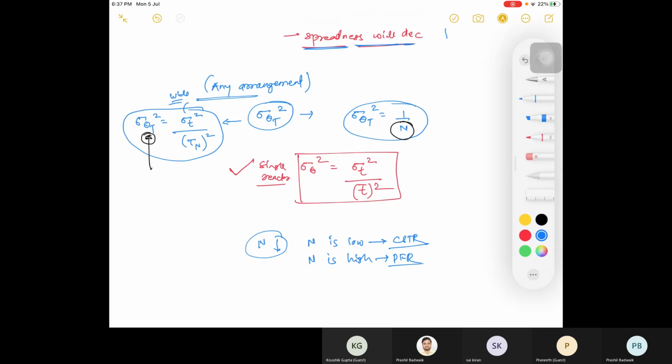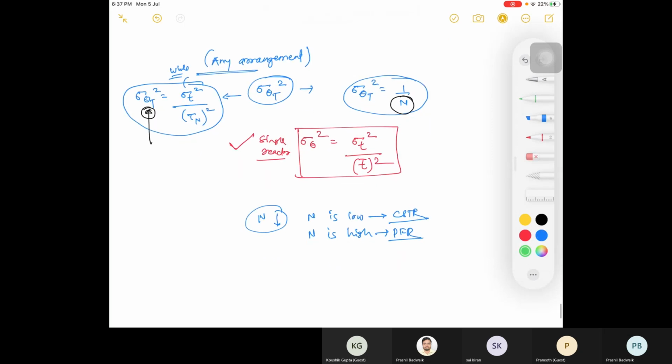Suppose you take an arrangement, take this as an example, PFR. You calculated sigma theta t square, and based on that you calculated n, and suppose your n is found to be 2.